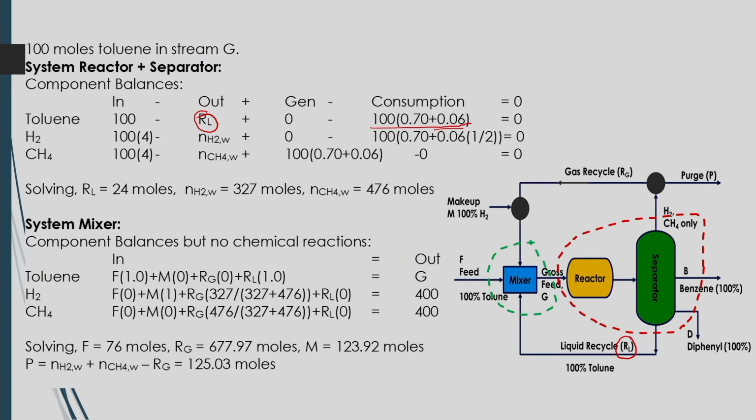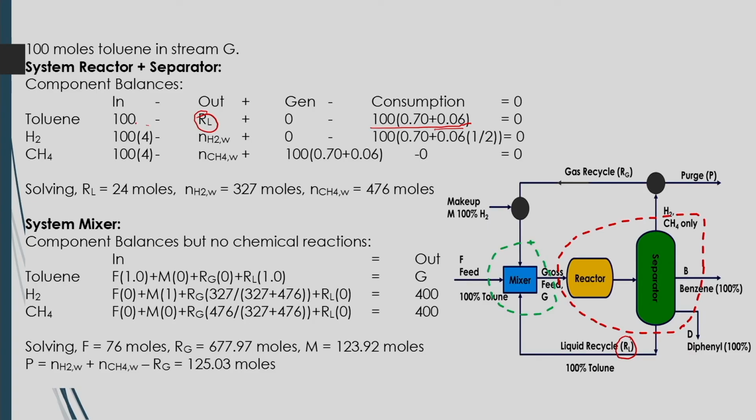So, in that case we can simply write that the hydrogen amount will be 4 times the toluene amount. The toluene amount is 100, so the hydrogen will be 100 into 4.